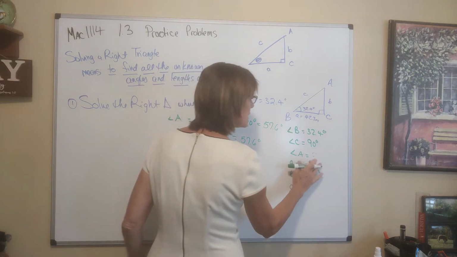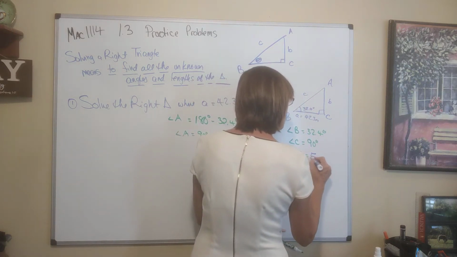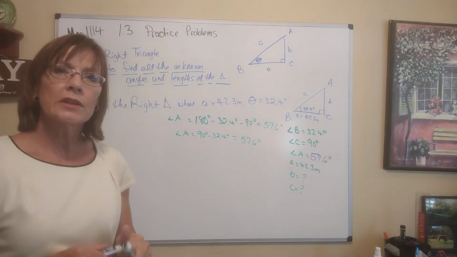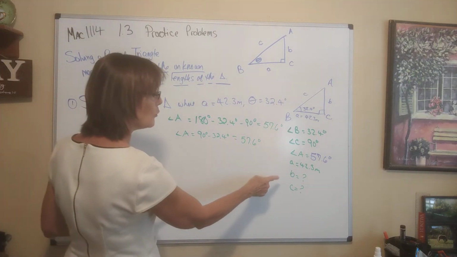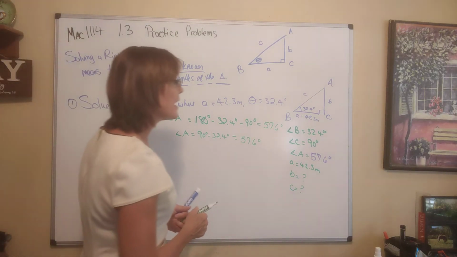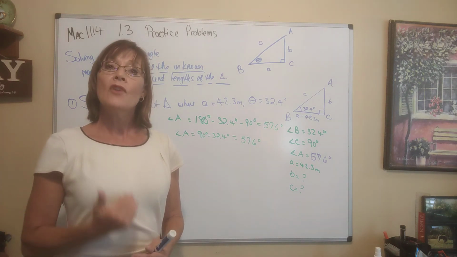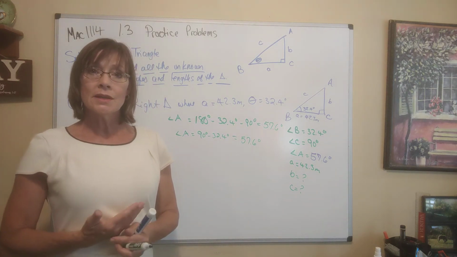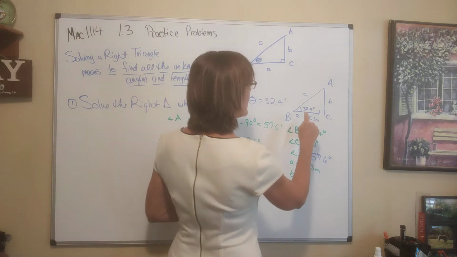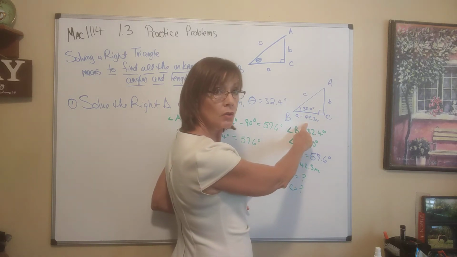Okay, so now we know what this is. This one's taken care of. We did this one, 57.6 degrees. Now the only things left to fully solve this triangle are the length of B and the length of C. So we have to think of a trig function that involves some known quantities with some unknown quantities that we can solve. What I know is the side adjacent to this angle.